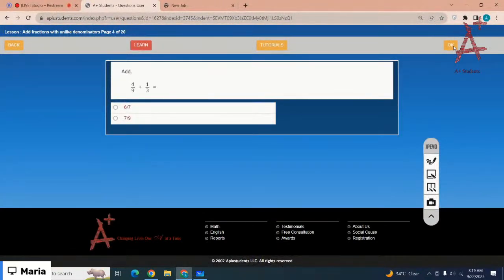Okay, which is the correct option? 4 by 9 plus 1 by 3. Which option is the correct one? Just do the question in your notebook and let me know the answer.